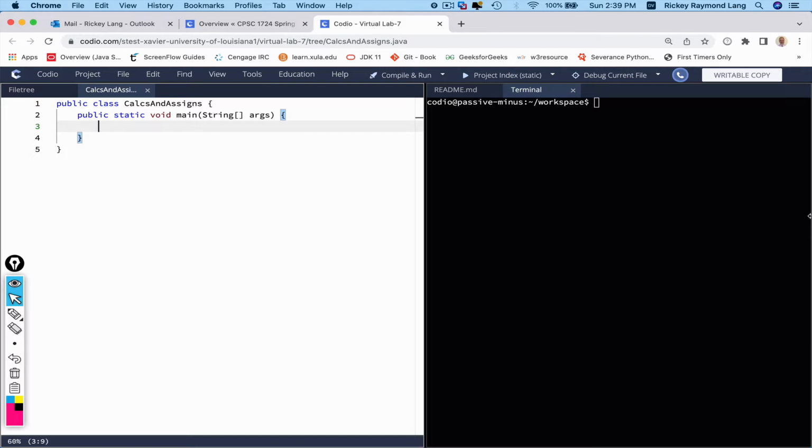Suppose I'm buying carpet or something like that. I'd need to know the length of the room and the width of the room. And now I can write a statement that calculates the product of those two, the length times the width, and assigns it to another variable.